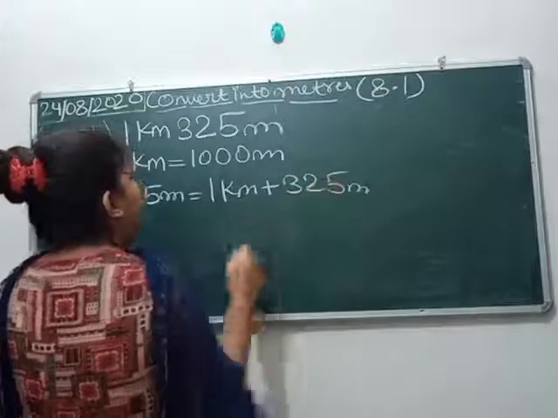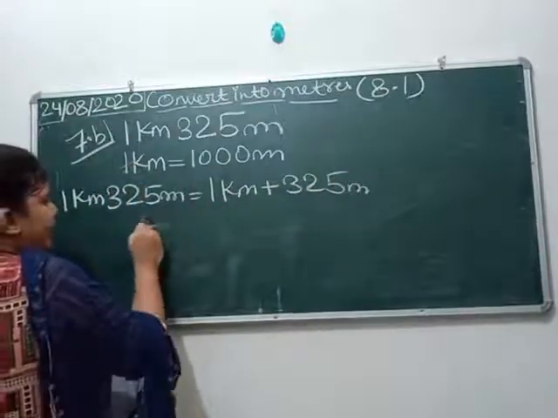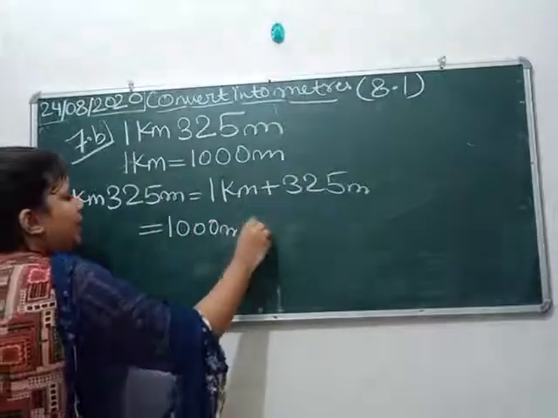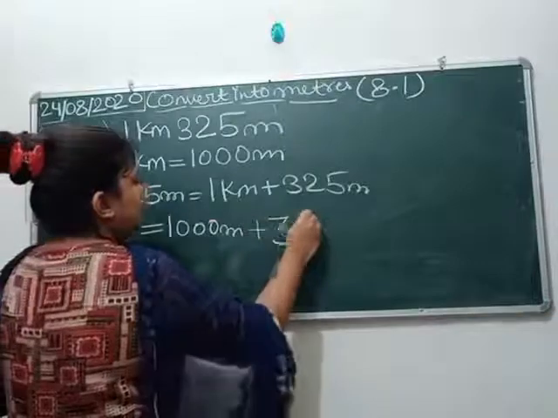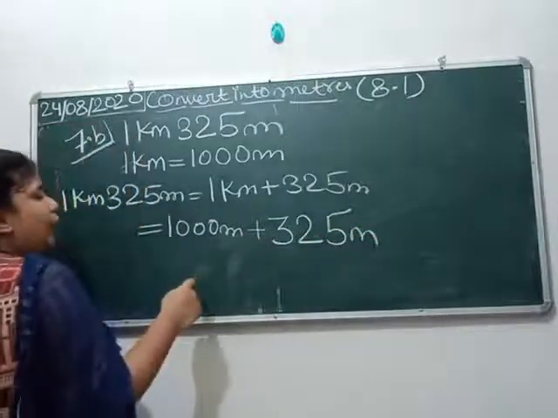Now as we have written here also that 1 kilometer equals to 1000 meter, so we will write here 1000 meter, and in this we have to add 325 meter.